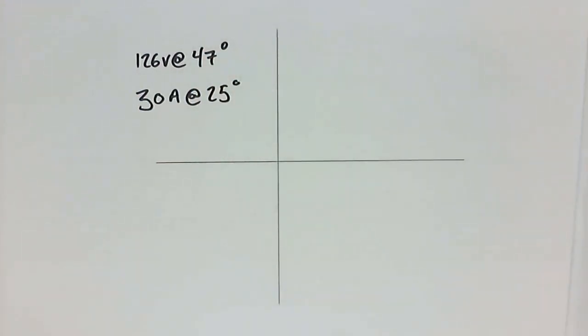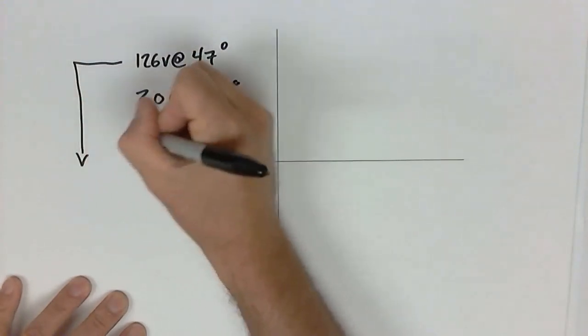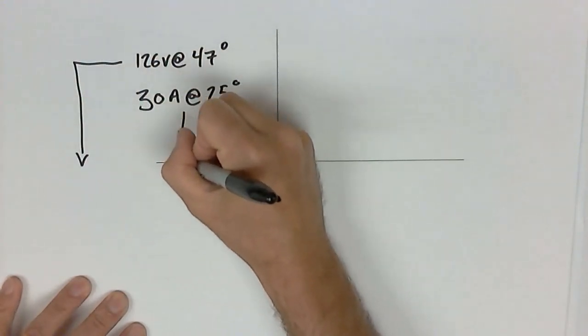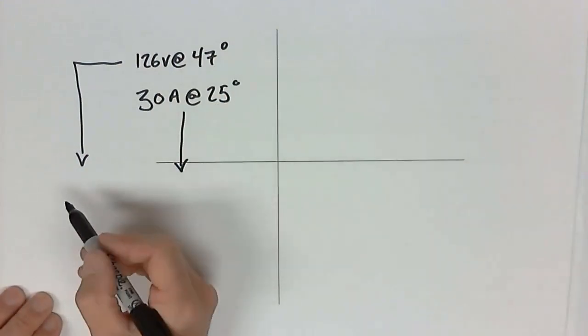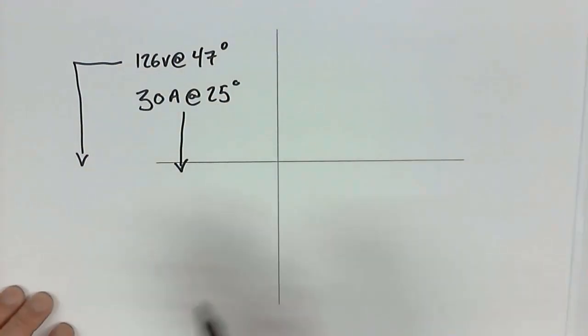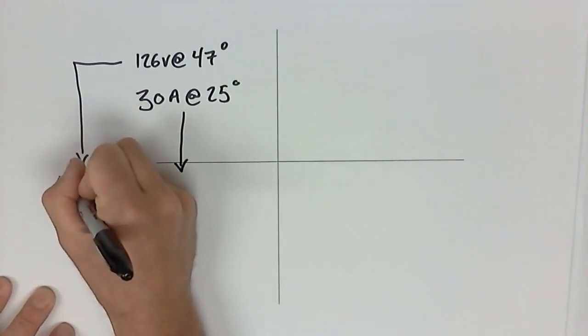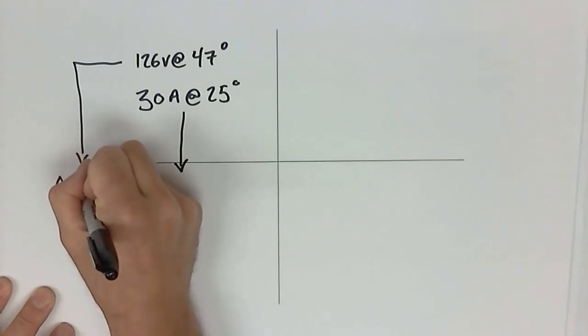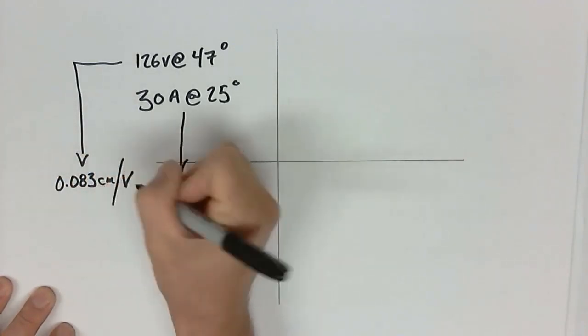There we go. Now I need a scale for each of them. So scale for voltage, scale for current. The scale I'm going to use for my voltage, let's say it's given to me, is 0.083 centimeters per volt.